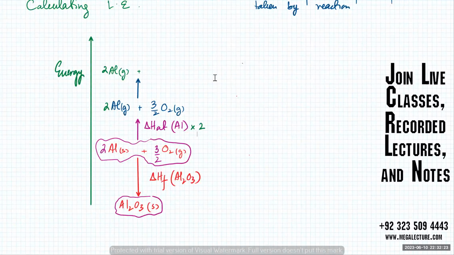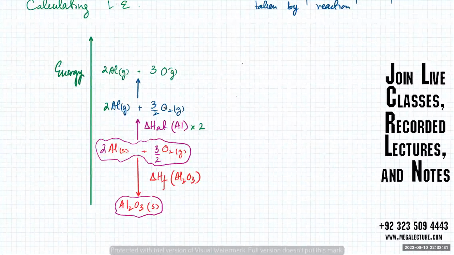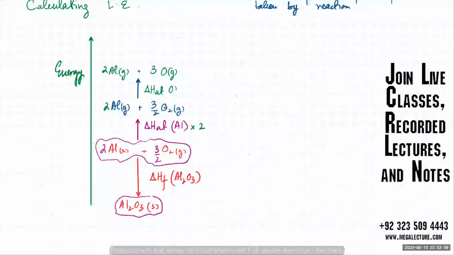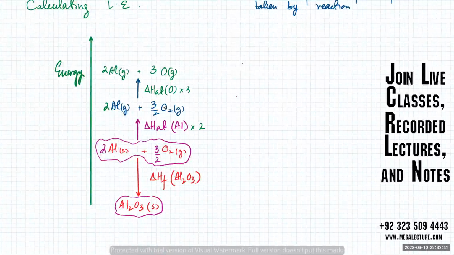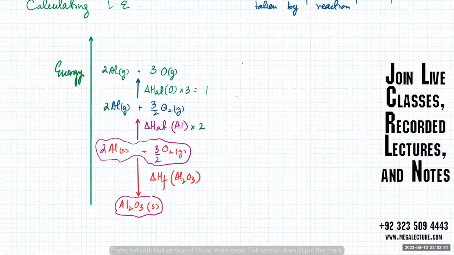Now I'm going to break down the O2 gas molecules. I'm going to break their bonds and it's going to form 3 oxygen gaseous atoms. So basically this is enthalpy change of atomization of oxygen times 3, because you're forming 3 gaseous atoms, which can also be written as 1.5 times the bond energy of O2.